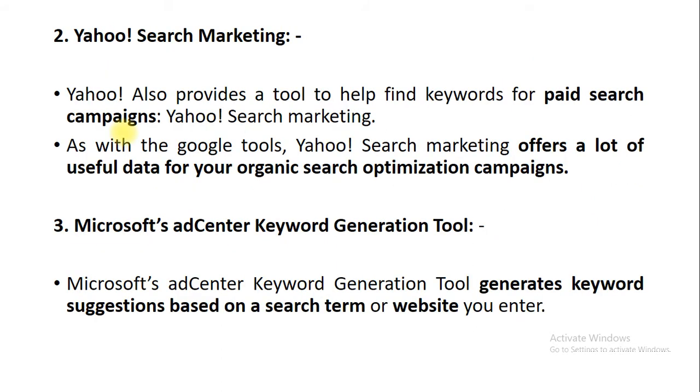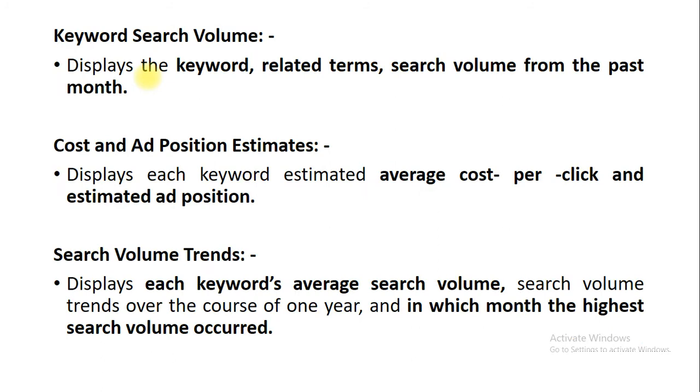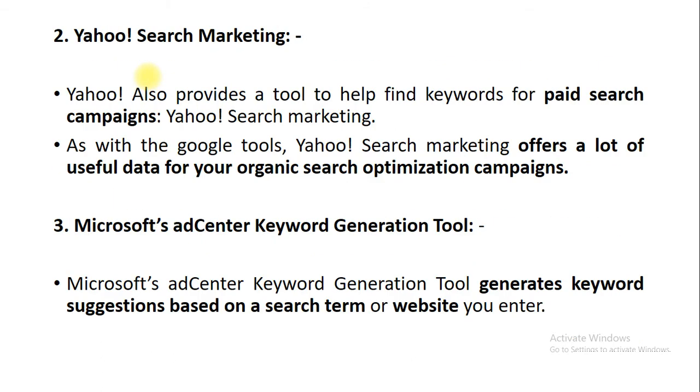Yahoo Search Marketing. The first tool is called the Google AdWords keyword tool. Today we have started with keyword research tools, and the first is the Google AdWords keyword tool and traffic estimator. Both we have already discussed. Second is called Yahoo Search Marketing. This facility has been given by the Yahoo search engine.